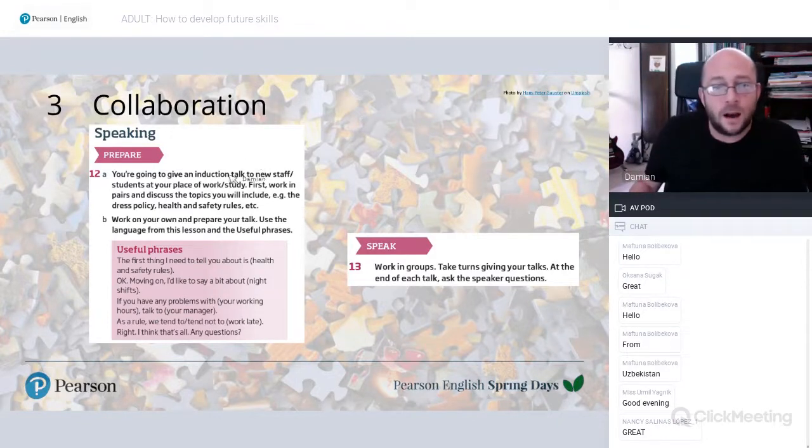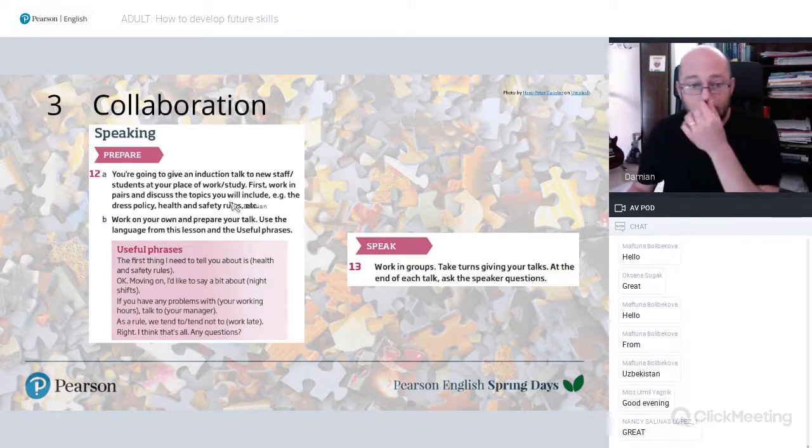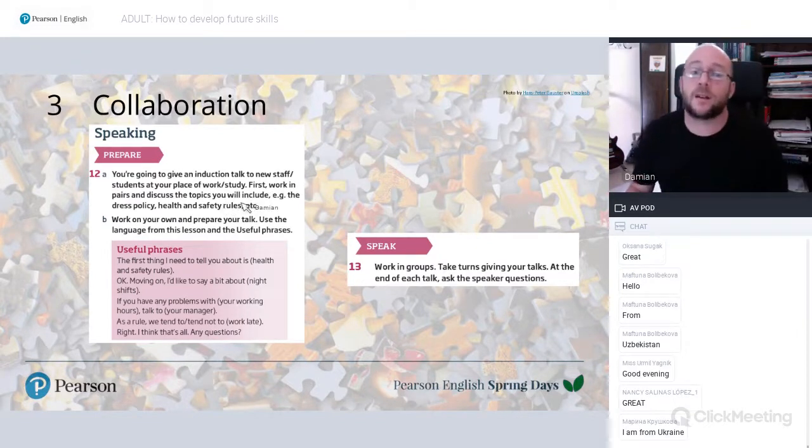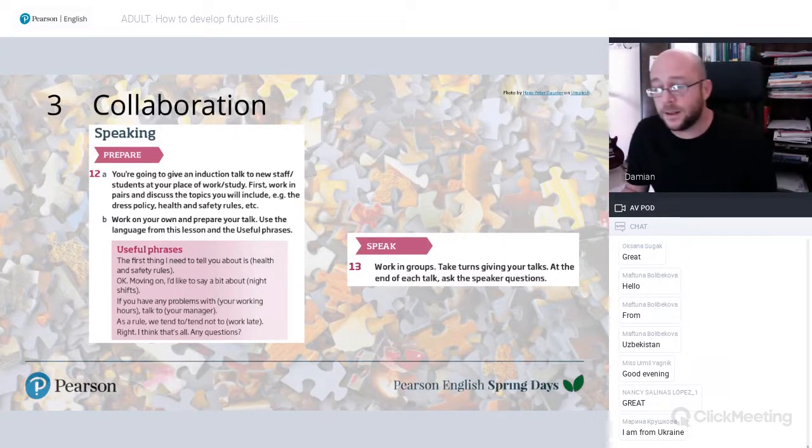So the task is they give an induction talk to new staff if they're working, or new students if they're studying. So they collaborate in pairs first to discuss which topics they'll include. Then they go away and work individually and prepare their talk. Useful phrases again to help them.